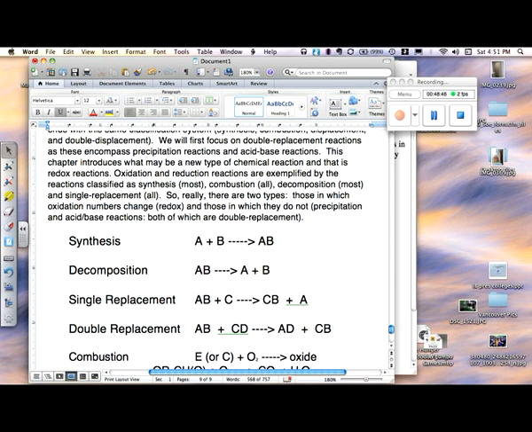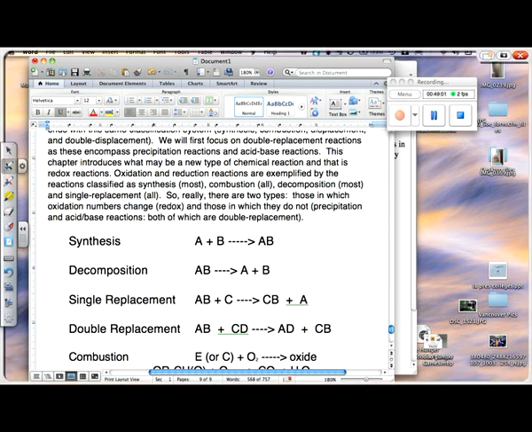So that's a more general classification system, based more on what is actually happening with the electrons in chemical reactions versus looking at what happens with the particles. I'm going to go through the one that you've probably encountered before to finish the lecture up.